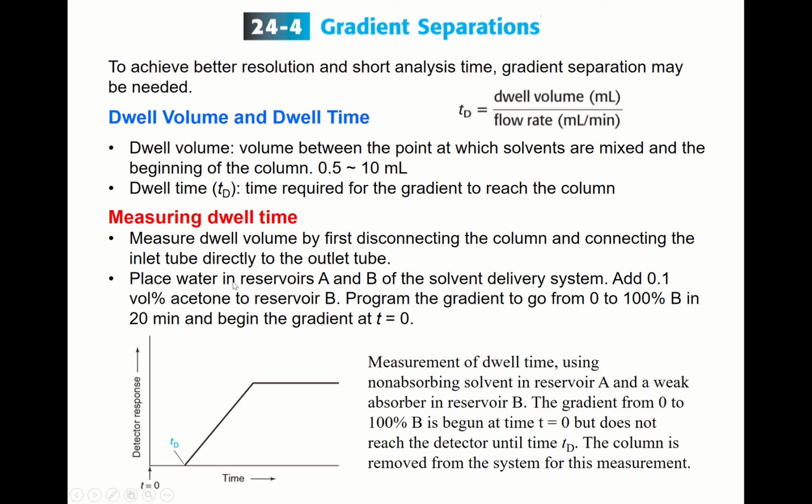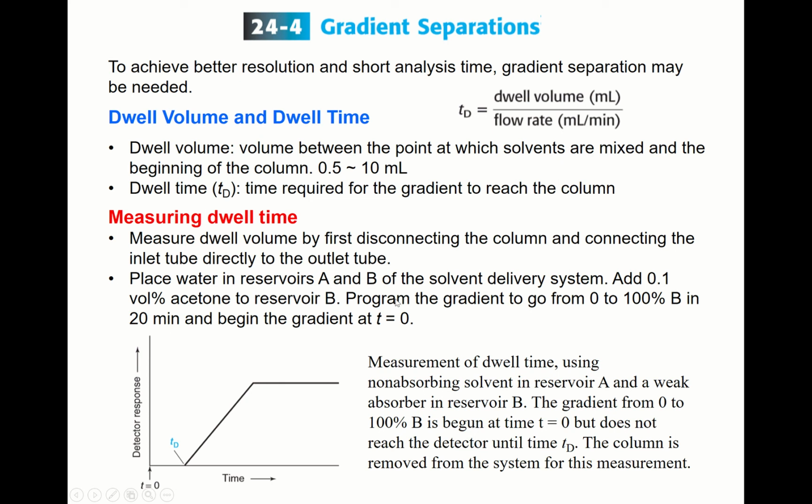You need at least two reservoirs when you do the gradient elution. A is usually for the purple solution and B is for the other solvent.